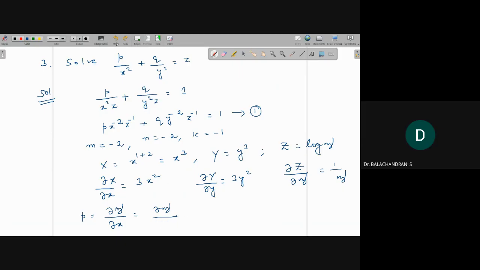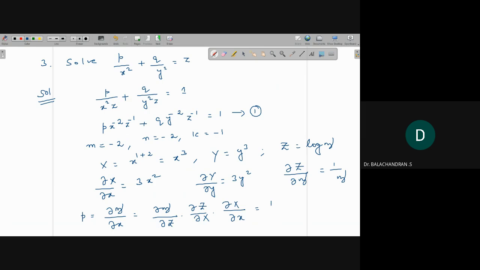First I need to divide by capital Z, and then capital Z by capital X, then capital X by small x.